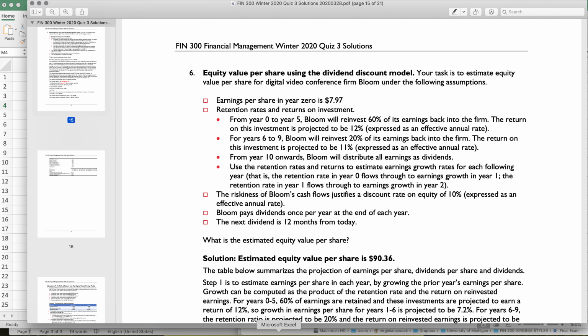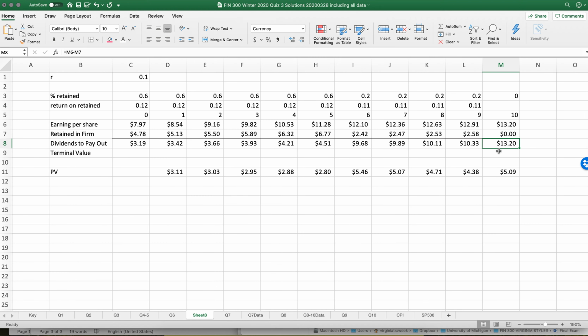So I'm going to assume that this is a non-growing perpetuity, and I'm going to say that the value of the firm starting in this year is that. So that means that we don't need to include this in our calculation, but what we do need to do is add in the terminal value.